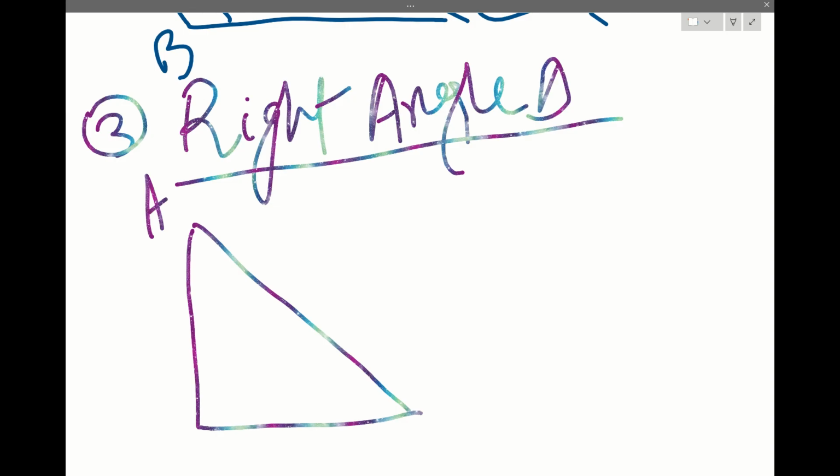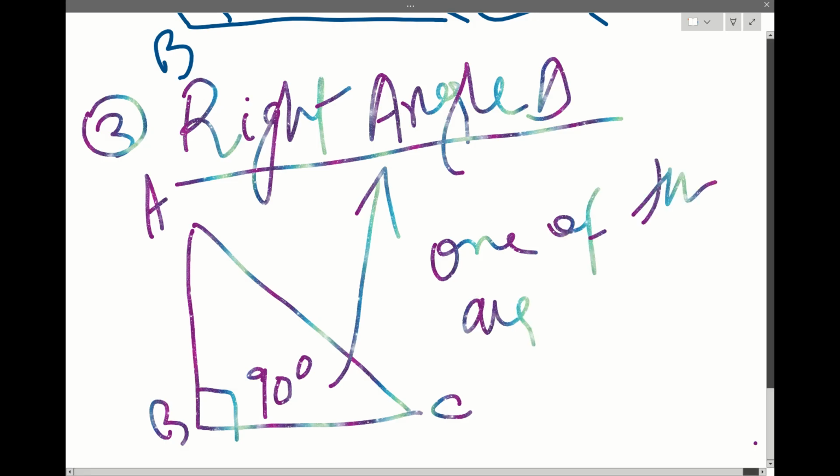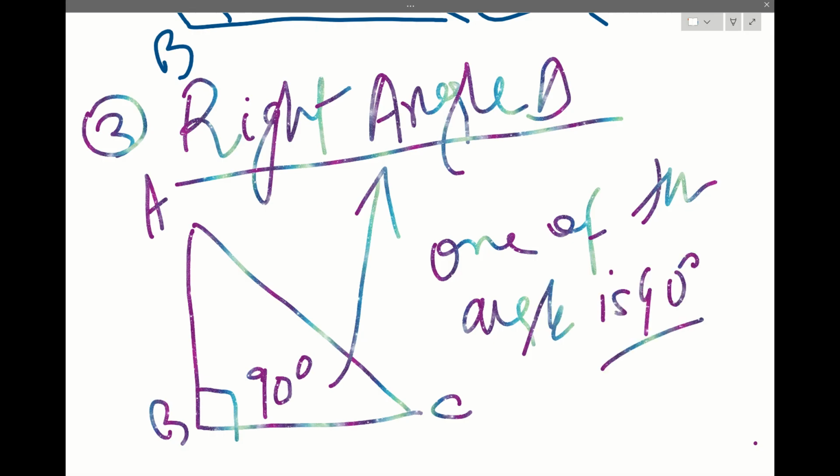Here we see the right angle triangle. In it, one of the angles is 90 degrees. Such a triangle is known as a right angle triangle.